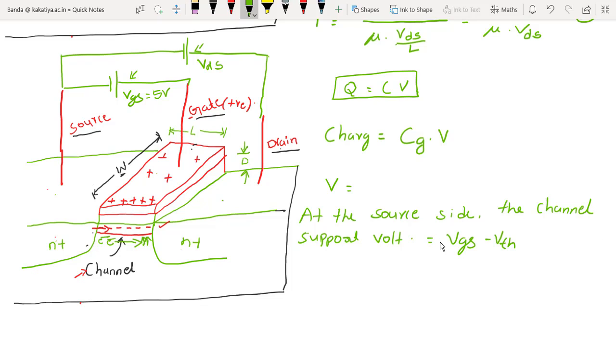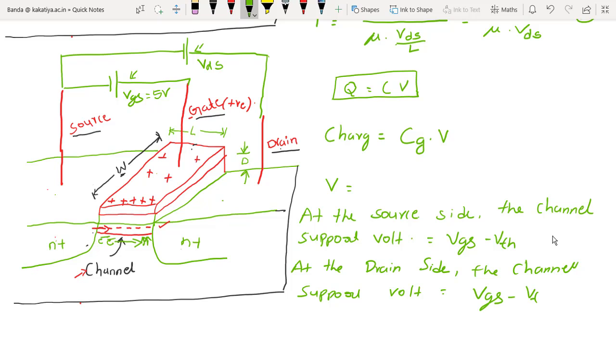So that's why at the source side the channel support voltage is VGS minus VTH. Similarly, at the drain side, the channel supporting voltage is nothing but VGS minus VTH minus VDS.